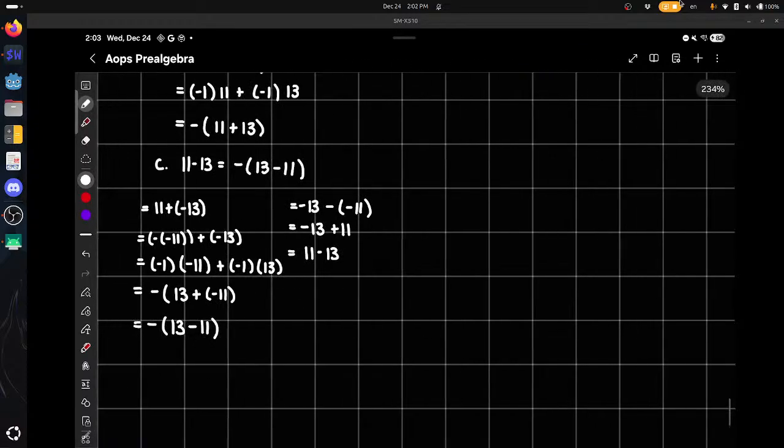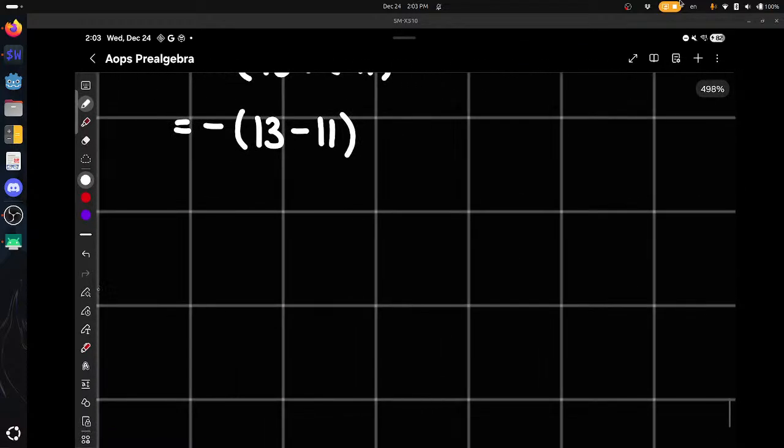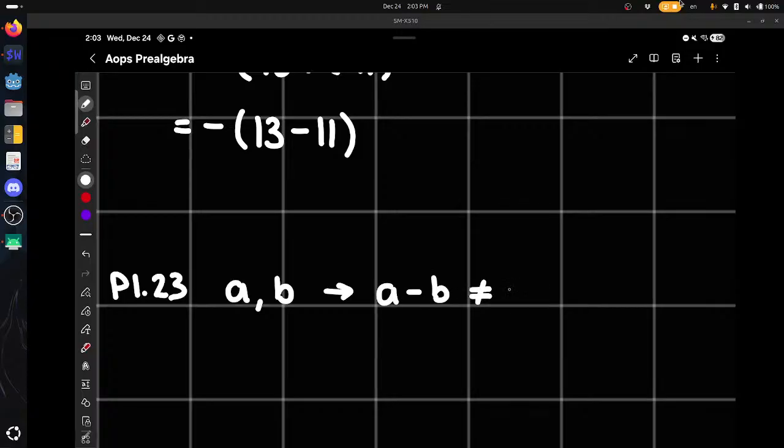Okay, problem 23. Find numbers a and b such that a minus b is not equal to b minus a. So we're trying to show numbers where a minus b is not the same as b minus a. So I think they're trying to show that subtraction is not commutative.